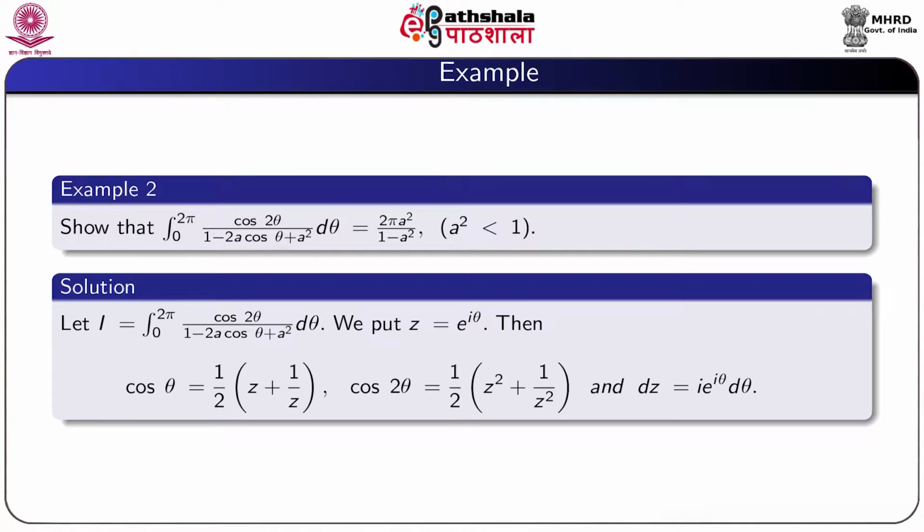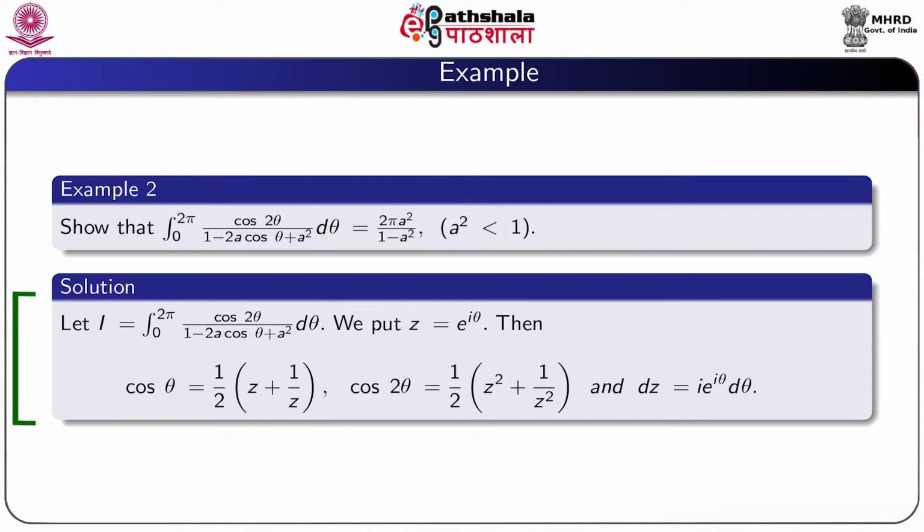So now we consider another example: integral over 0 to 2 pi cos 2 theta by (1 minus 2a cos theta plus a^2) d theta is equal to 2 pi a^2 by (1 minus a^2), where a^2 is less than 1.